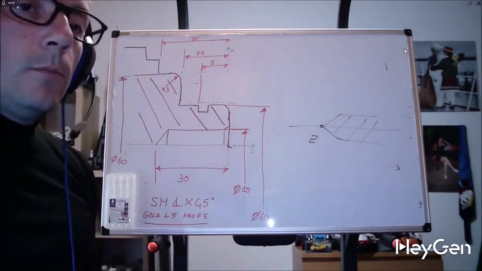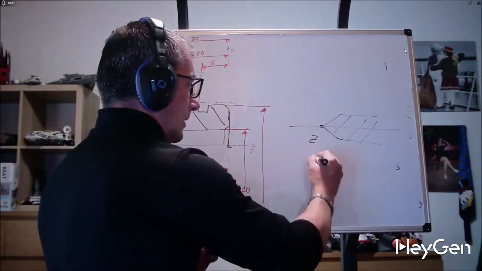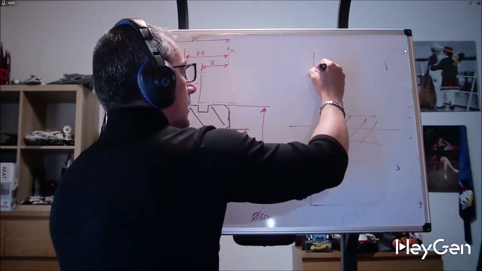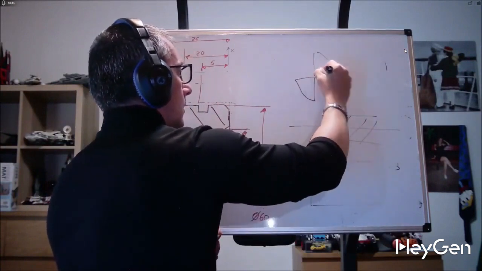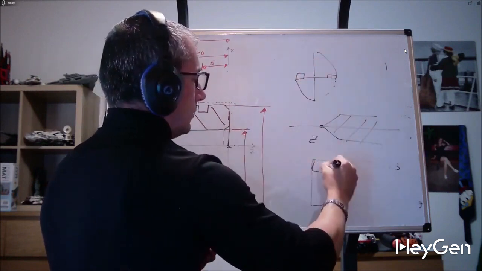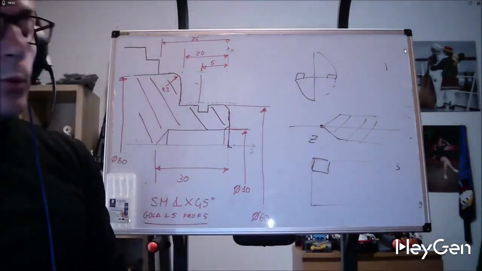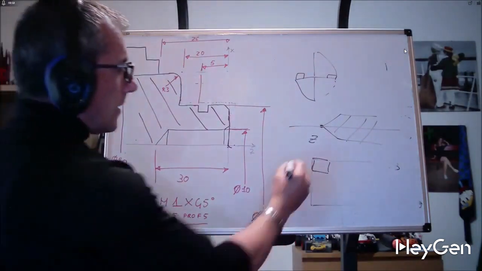They have an insert here, an insert here, and then an insert here that we will see, and an insert here that we won't see, interchangeable. If I have a 32 bit, I zero it at this point like a reamer and drill at X32.